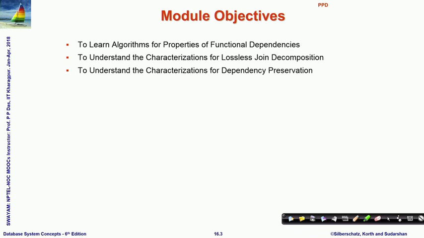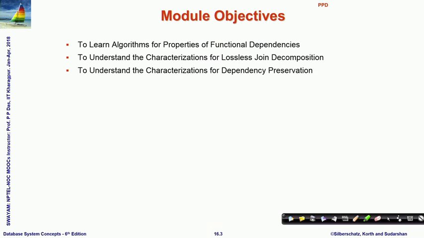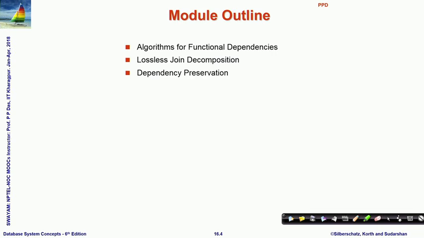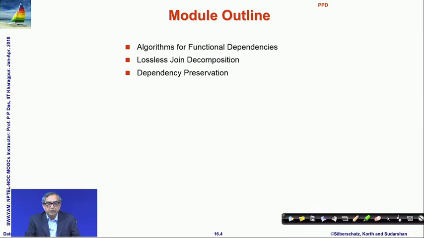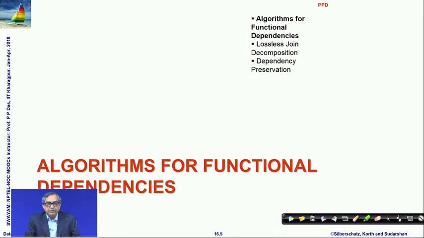We will also try to understand the characterization for lossless join decomposition and the notion of dependency preservation. Therefore, this module will have these three topics: algorithms for functional dependencies, lossless join decomposition and dependency preservation.